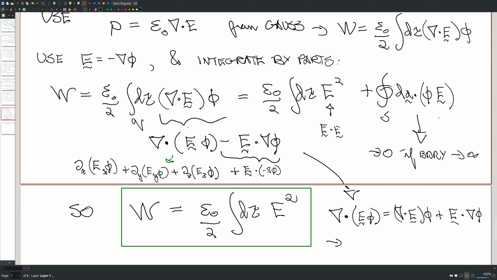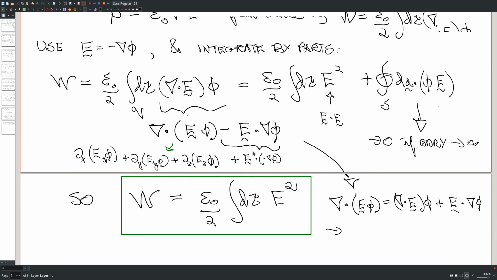But minus grad phi is E. Therefore, this is E dotted into E. That's E squared, which is just the notation for E dotted into E. Okay, so that plus E squared is E squared.